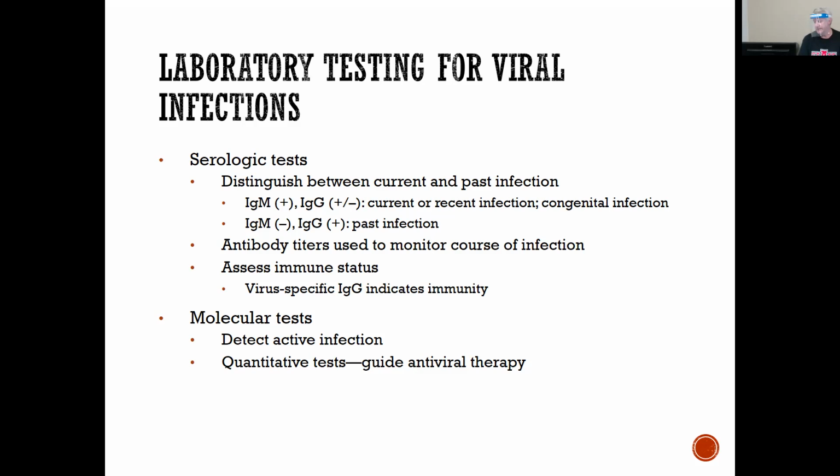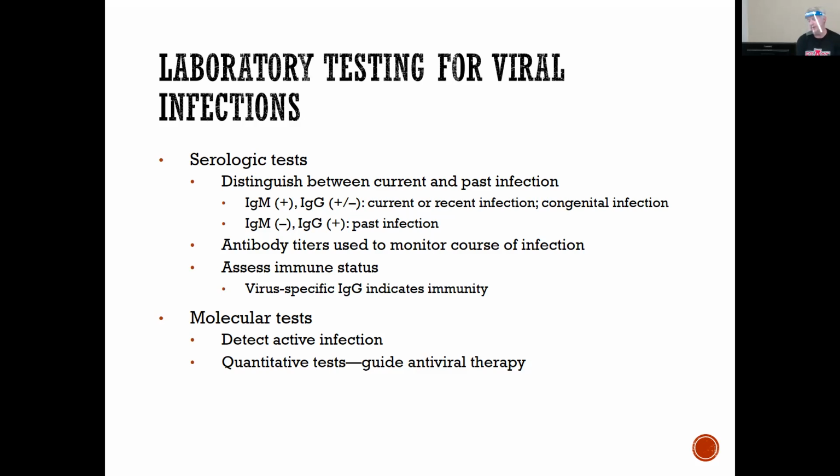But what we do mainly, we can do serological testing, which we are well aware of, to distinguish between current and past infections. So once again, if you hadn't already gotten this down, this is another reminder of the pattern of infection based on the immunoglobulin M and G pattern. So IgM positive with an IgG positive, current infection would be where I went with that.